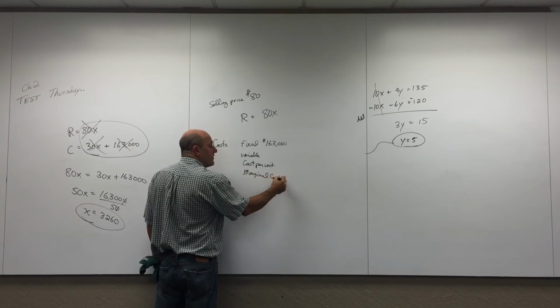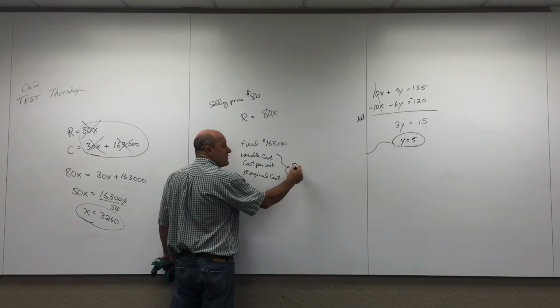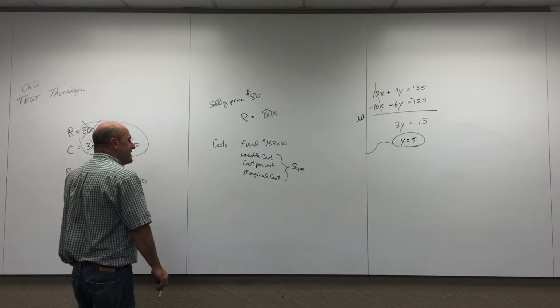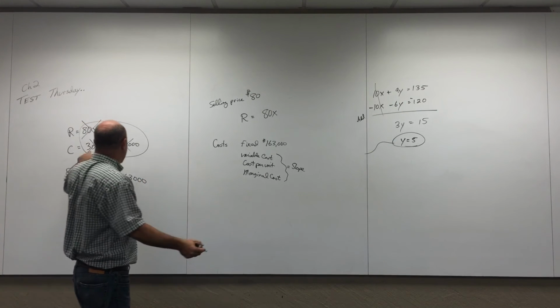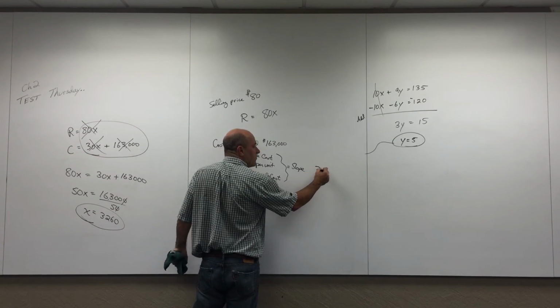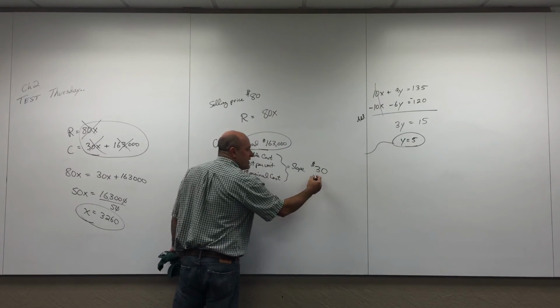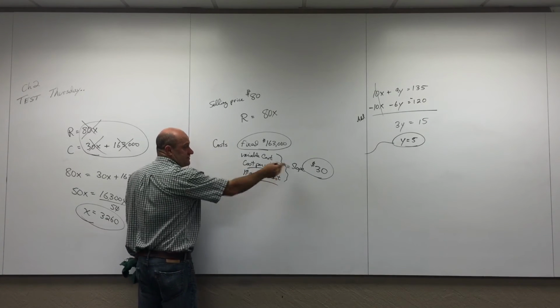All these are a fancy way of saying slope, in a way. What if I said that the variable cost or the marginal cost was $30 per unit? So you've got these fixed costs and this $30 per unit, which is the slope.